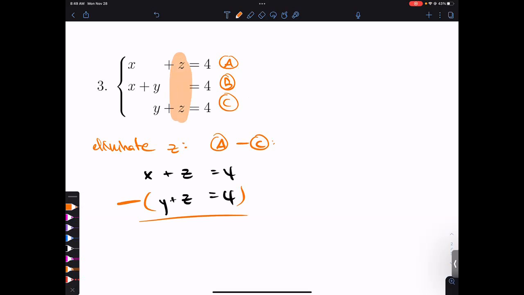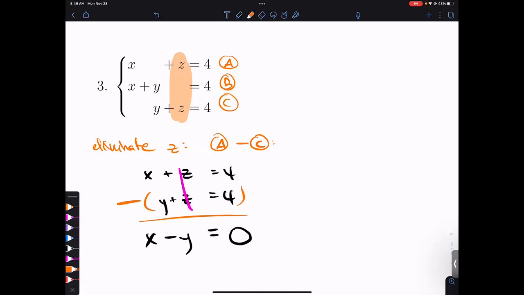If you subtract those, x minus nothing, nothing minus y, the z terms cancel out, and 4 minus 4 is 0. So what did we get? An equation that's in terms of x and y, right?